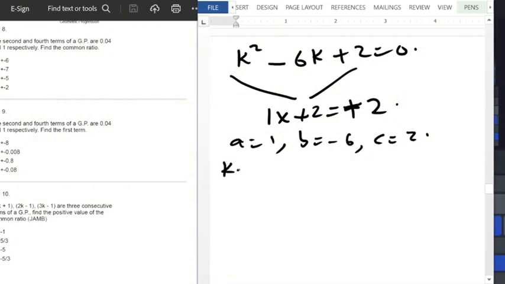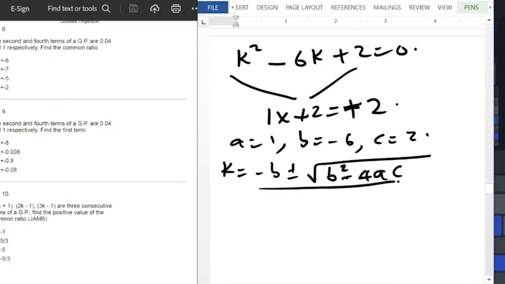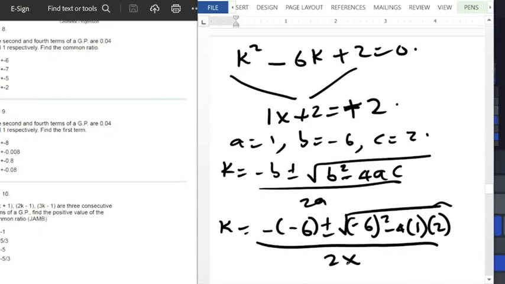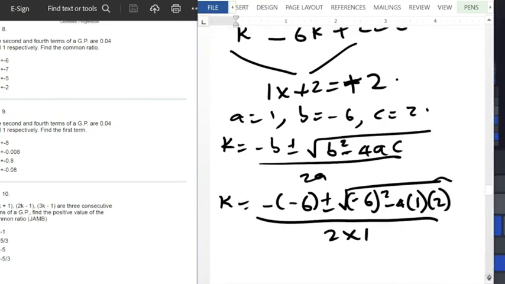So k equals minus b plus or minus square root of b squared minus 4ac all over 2a. So k equals minus minus 6 plus or minus square root of minus 6 squared minus 4 into 1 into 2, all over 2 multiplied by 1. That is 2a.